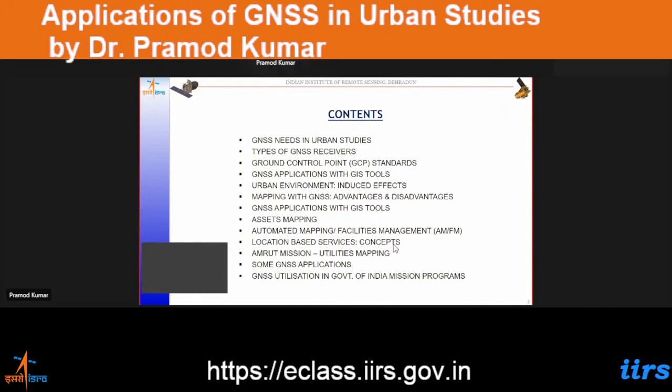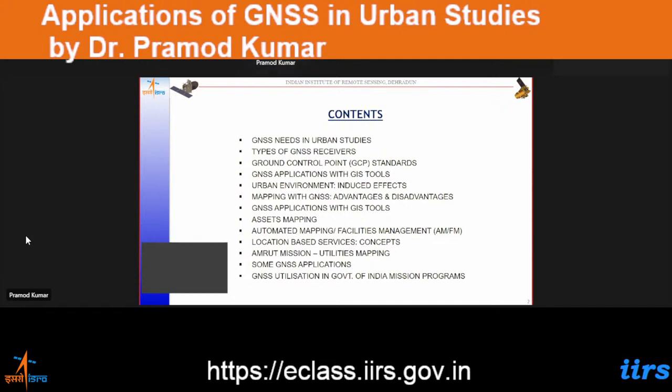Then I'll take some examples using the GNSS in urban areas where one can do the assets mapping, prepare the base map or the cadastral mapping, and what their significance is.